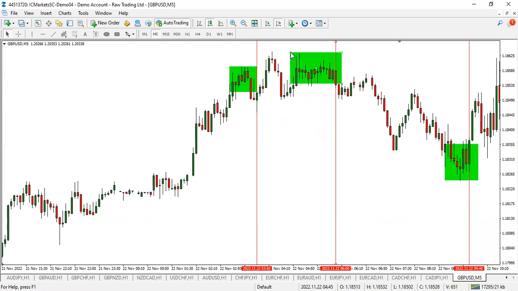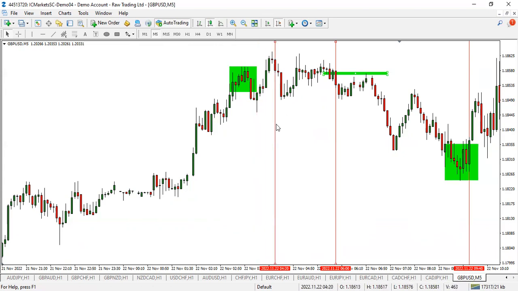And if you want, you can also put some pending order at this line, because that's another place it could likely retrace to before going down. You could as well use your Fibonacci.